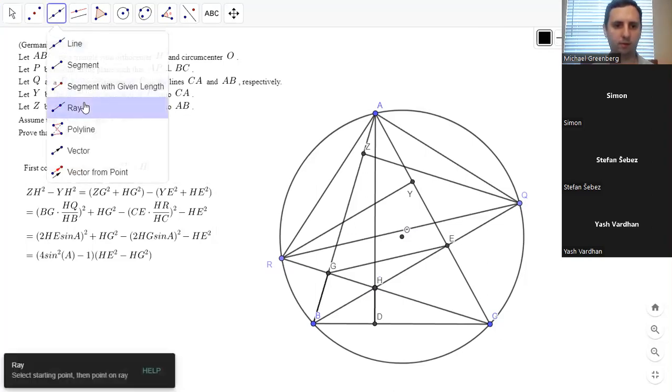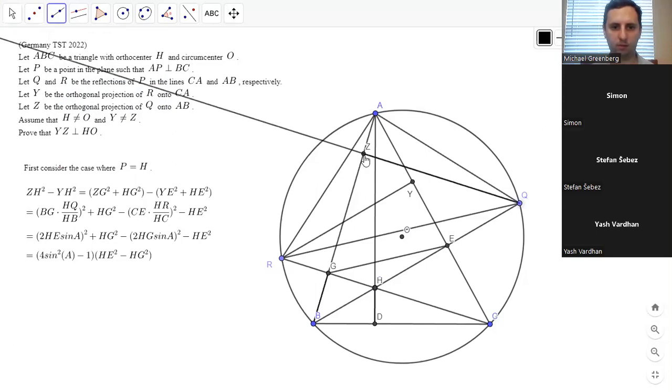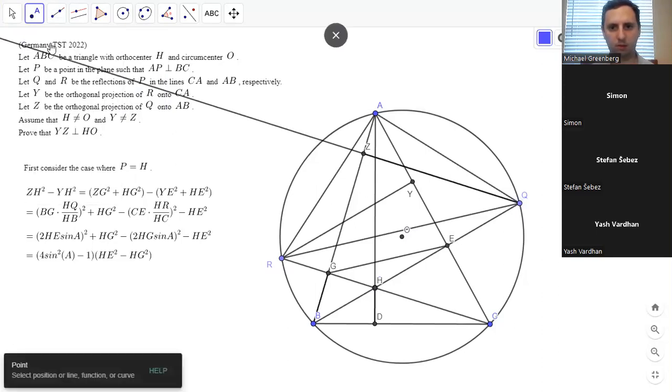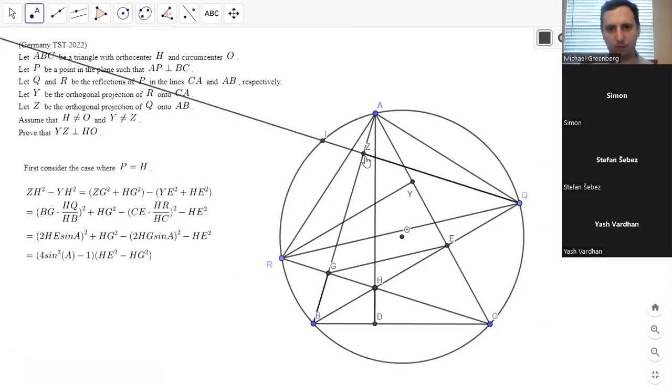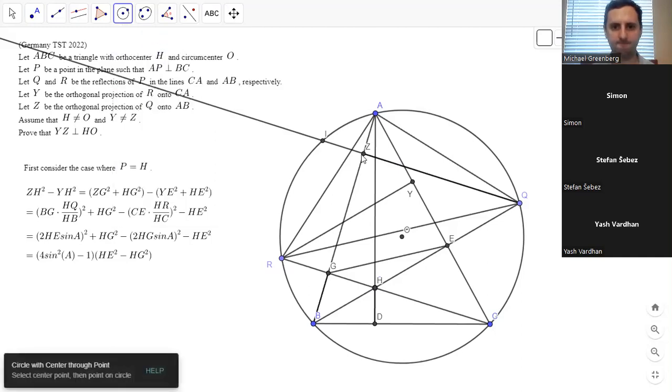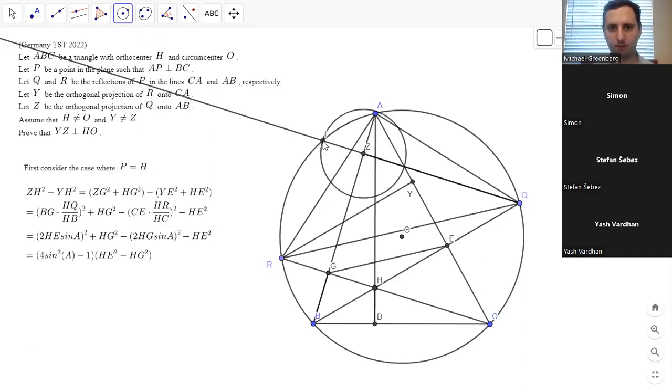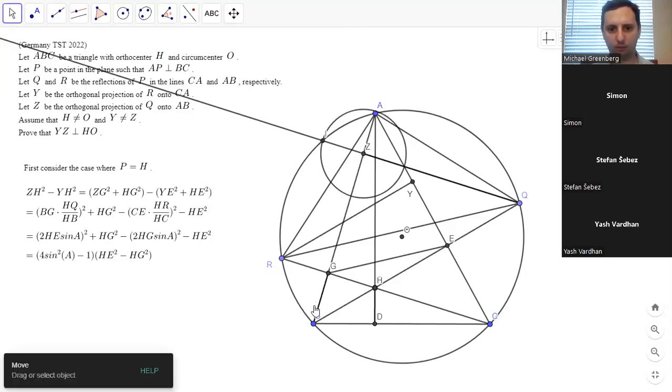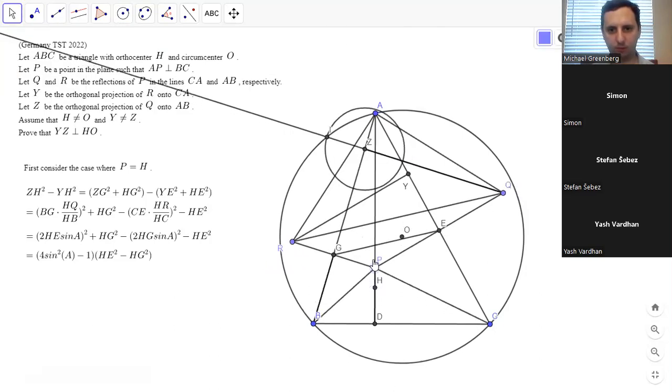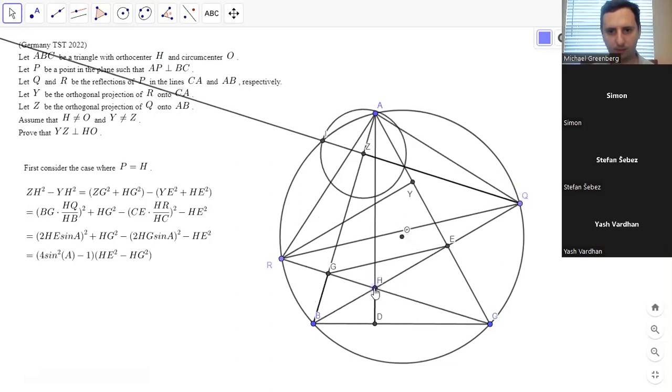So what if, I wonder if Z is the midpoint of this. Kind of looks like it. Is that true in general? Or if P is equal to H? So is this a right angle here?